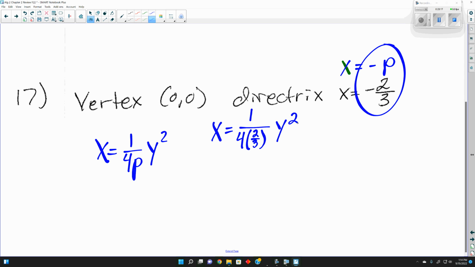We could do it by hand, but the calculator will simplify all the steps and do it in one easy motion. And I believe it's going to give us 3/8. We get the same thing.